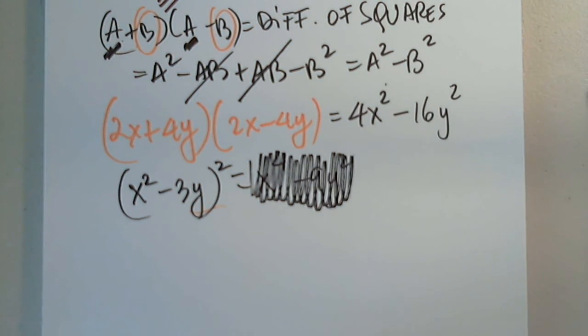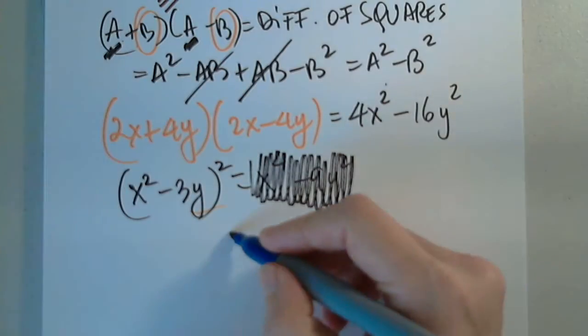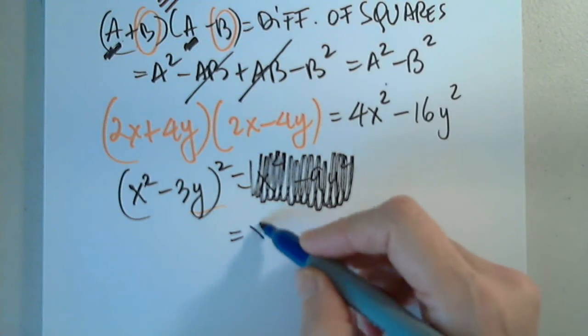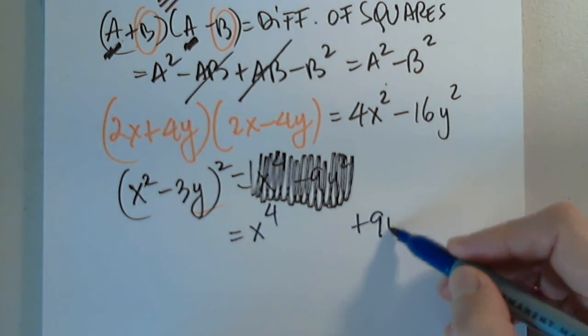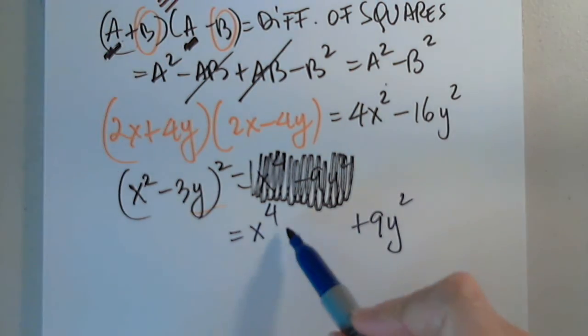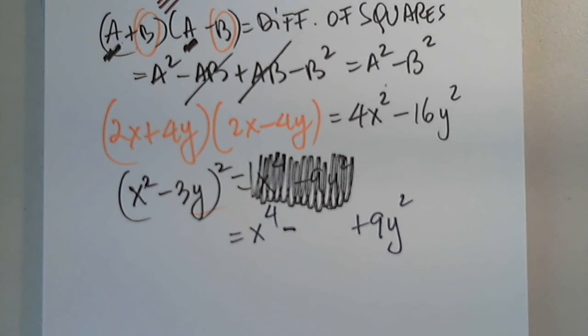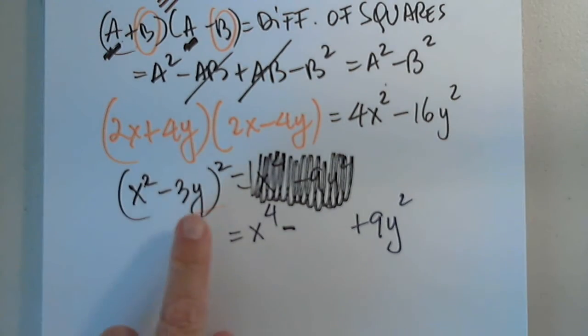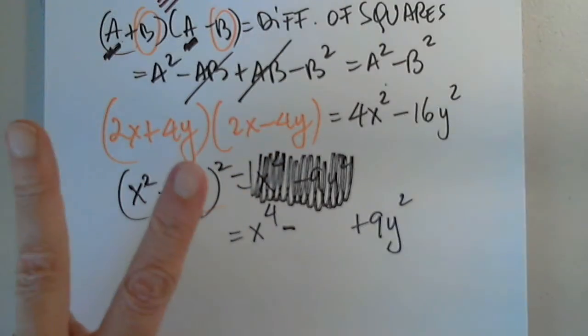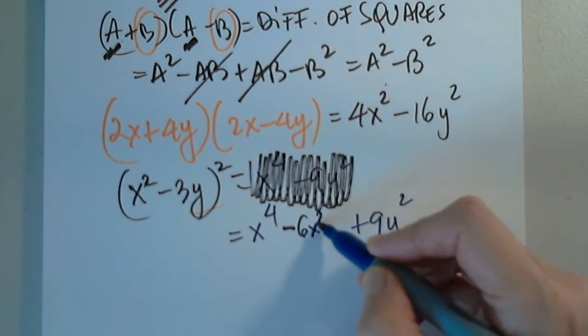Which, of course, would be terribly wrong, because a binomial squared has 3 terms, which means I square the first term, I square the last term, this is minus, I have to write minus, I multiply these two to get 3x squared y multiplied by 2, so minus 6x squared y.